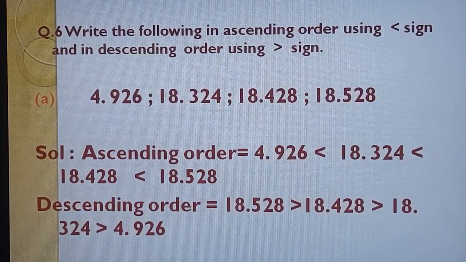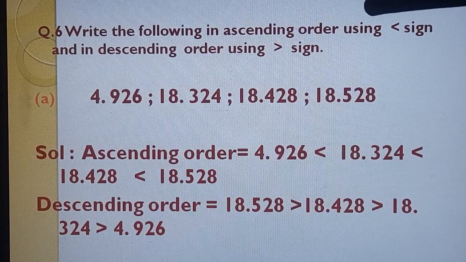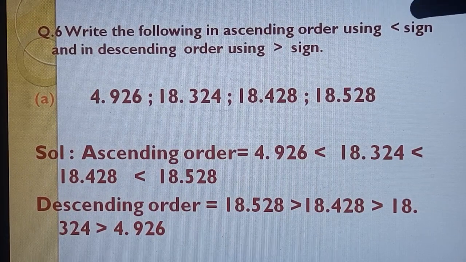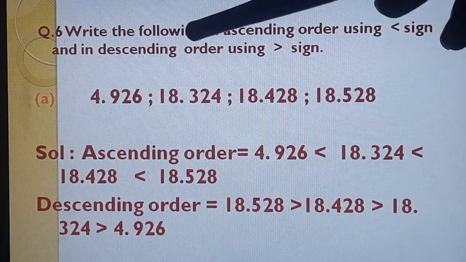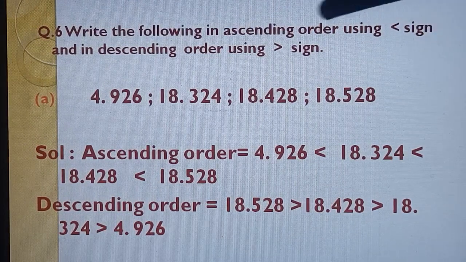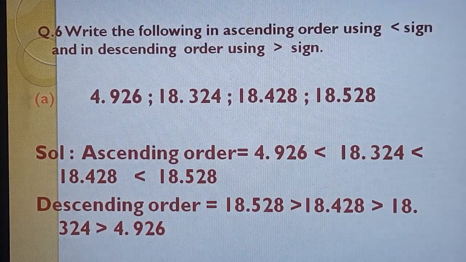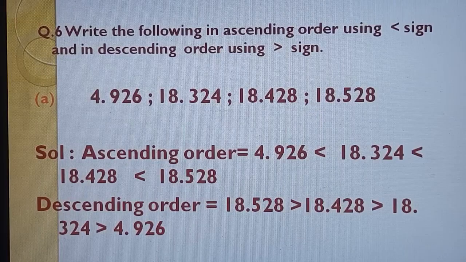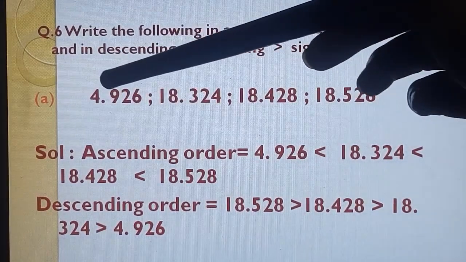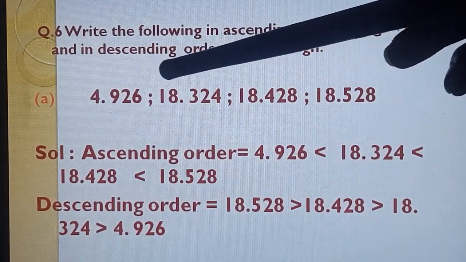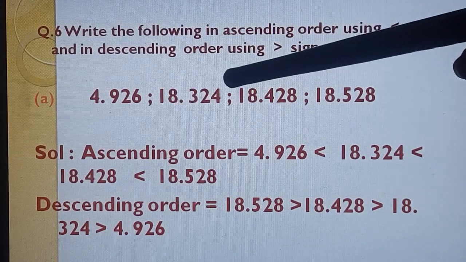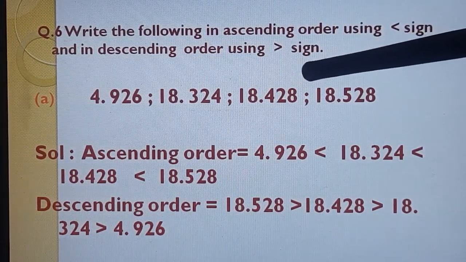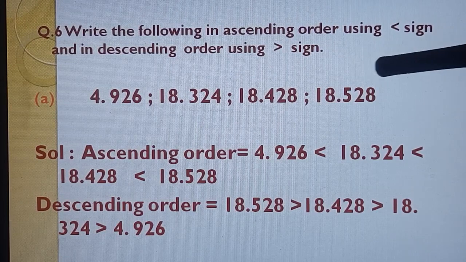Now question number 6. Write the following in ascending order using less than sign and descending order using greater than sign. A part: 4.926, 18.324, 18.428, 18.528.